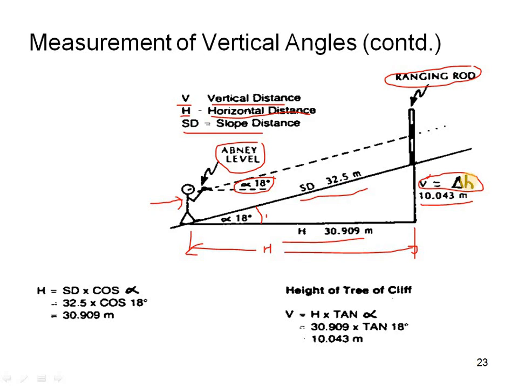So here H is equal to, okay, delta V, then we will get 10.043. Now let us find out the H.